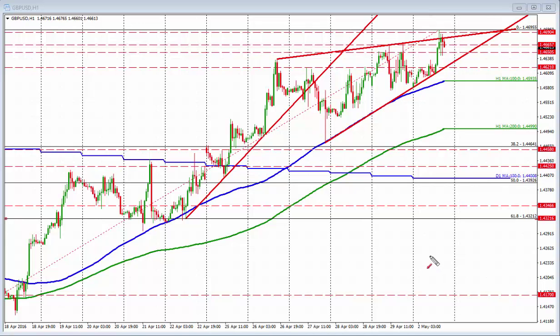So this is a rising wedge, and it's a bearish formation, where the upside trend line has a flatter slope than the lower trend line. Here we're seeing momentum, but on the top we're seeing sellers.